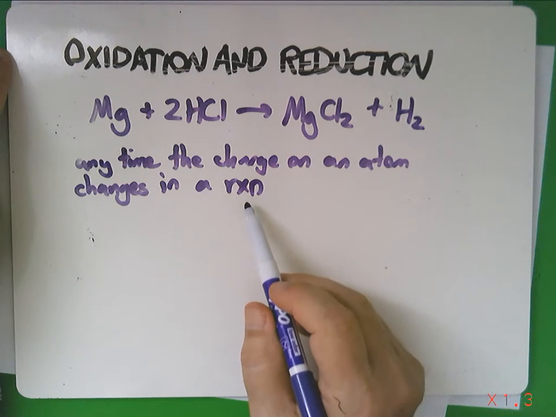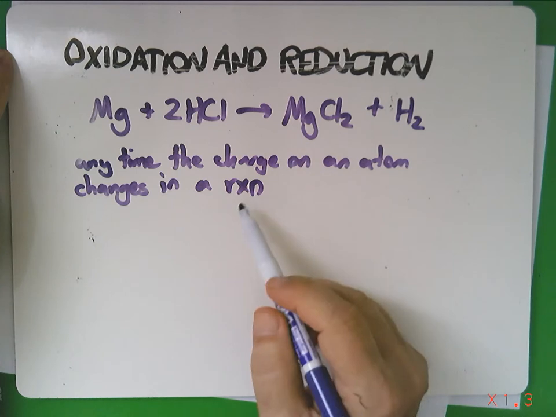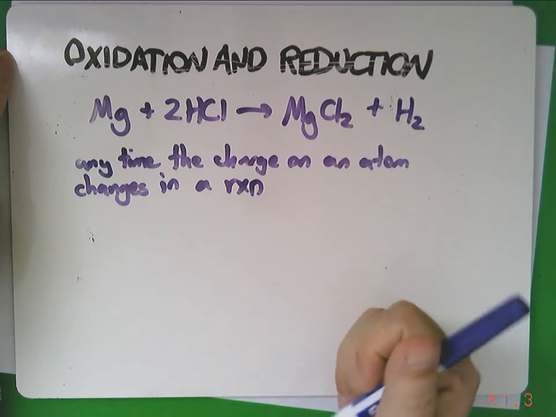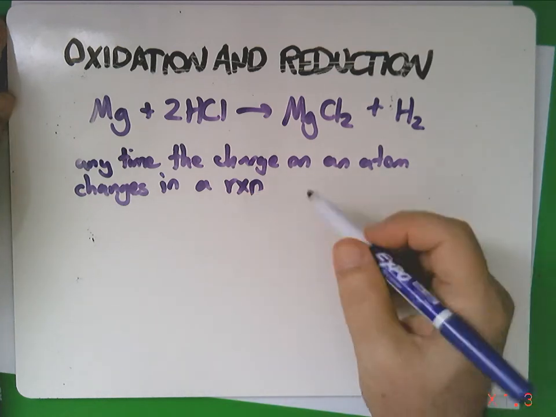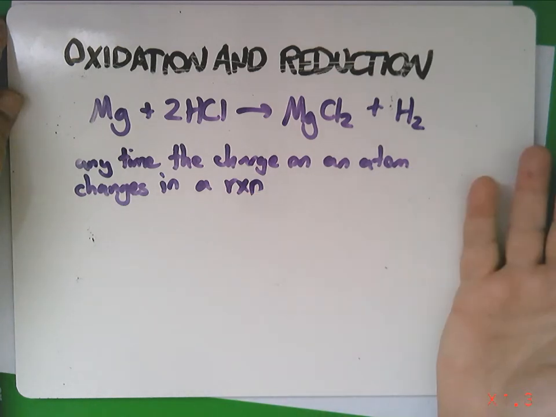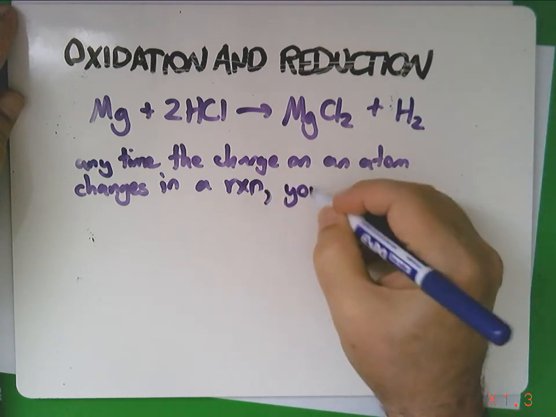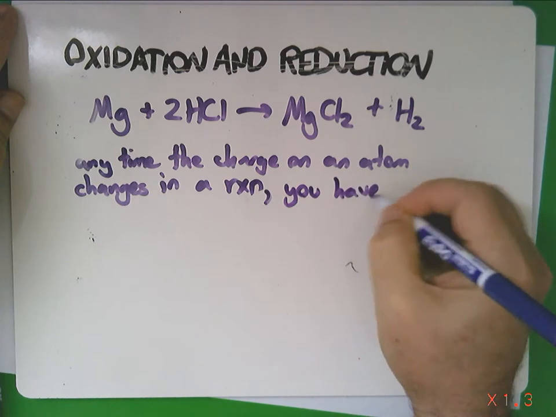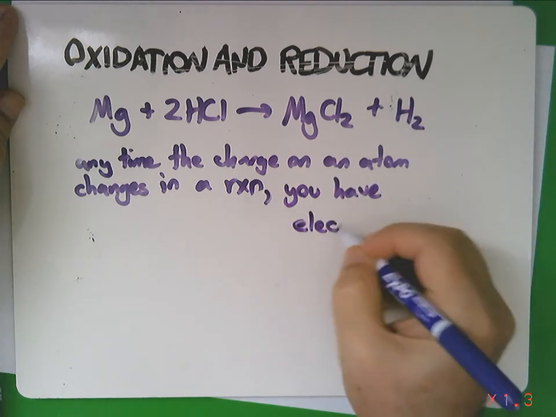Chemists don't like to write the word out all the time, so RXN is shorthand for reaction. So if you see me writing that, that's what I mean. Anytime the charge on an atom changes in a reaction, you can say it a couple different ways. Electron transfer.